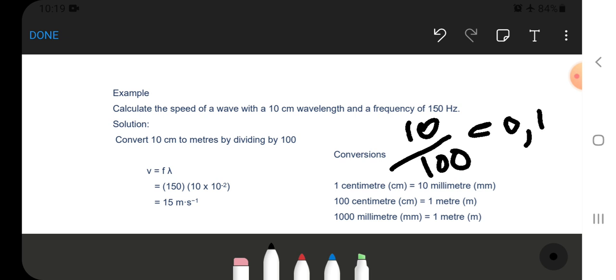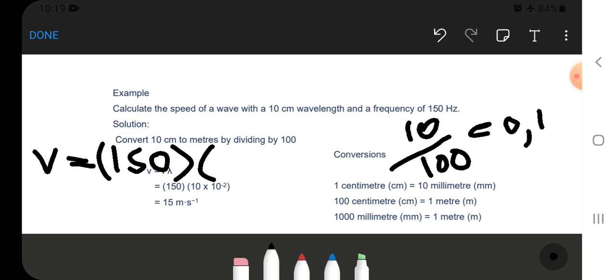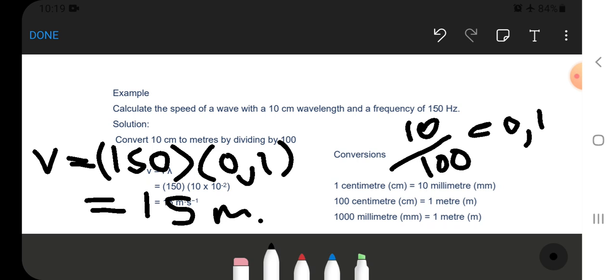Now you will say v equals 150 multiplied by 0.1, and this will give you 15 meters per second. So that's how it is.